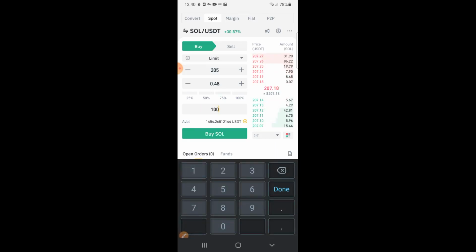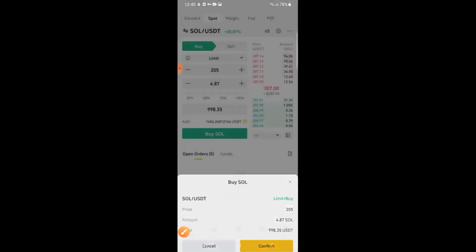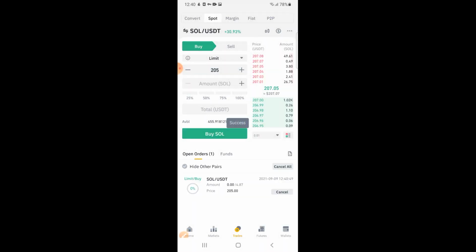Type here 1000 USDT. How many Solanas? 4.87. At 205, your target, click here buy now, then click here to confirm it.